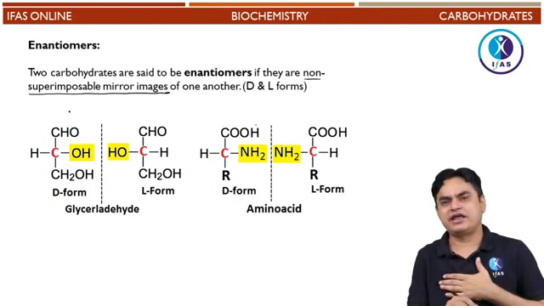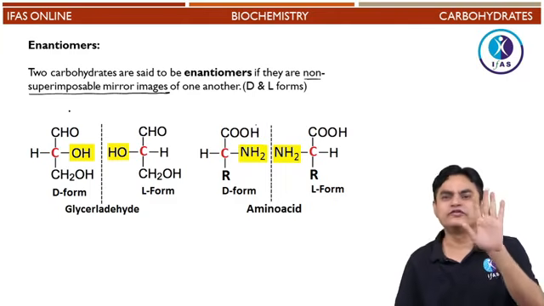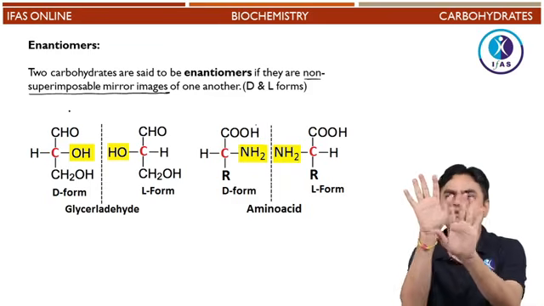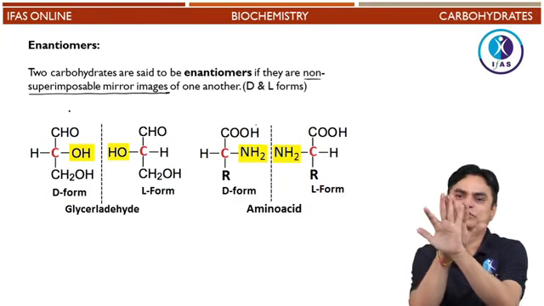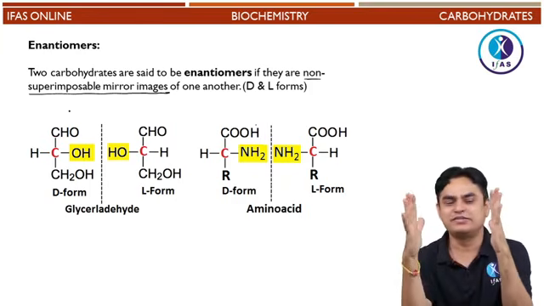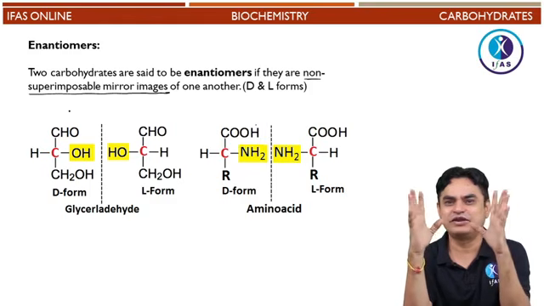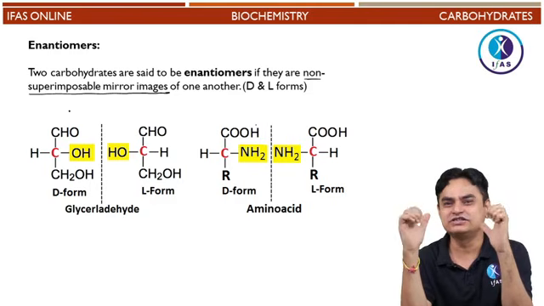Me and my mirror image cannot be superimposed, or you can say the right hand and left hand are mirror images of each other. They cannot be superimposed, because if you try, one thumb would be on this side and the other thumb on that side. These mirror images are referred to as enantiomers.